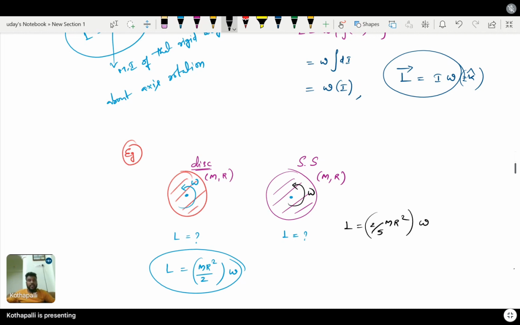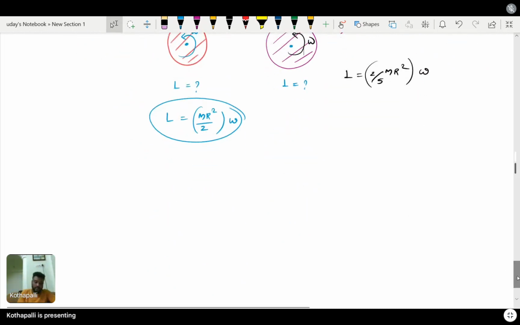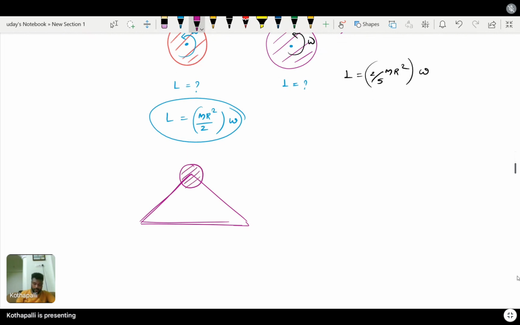Now, if the axis of rotation is at some other place, how do we calculate the angular momentum? Let's see another example. Now take this situation: three solid spheres, each of mass m and radius r, are placed at the vertices of an equilateral triangle of given side length.